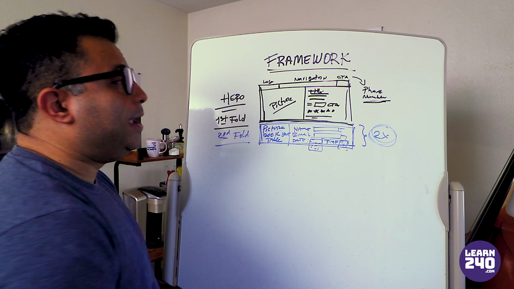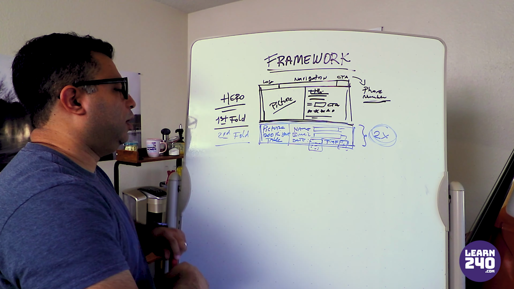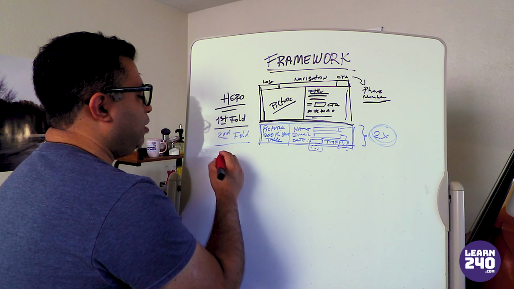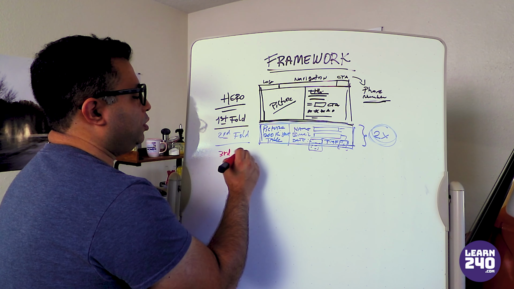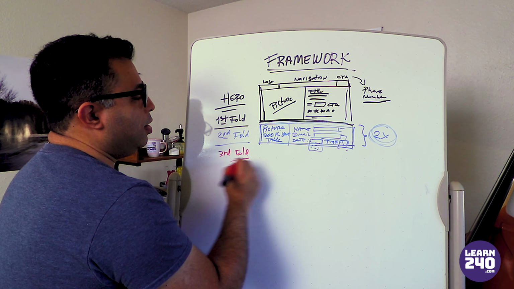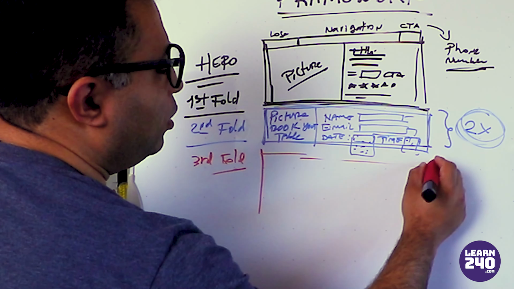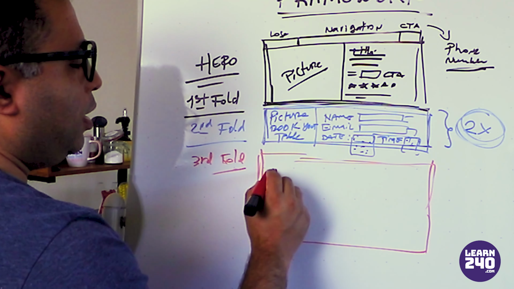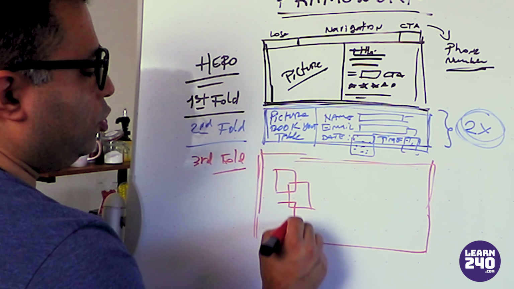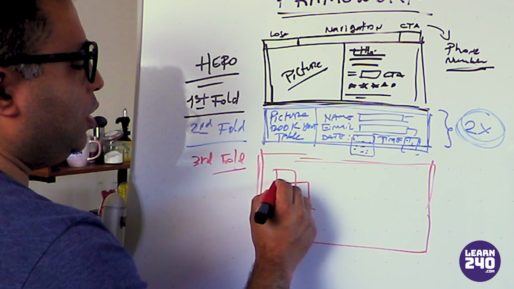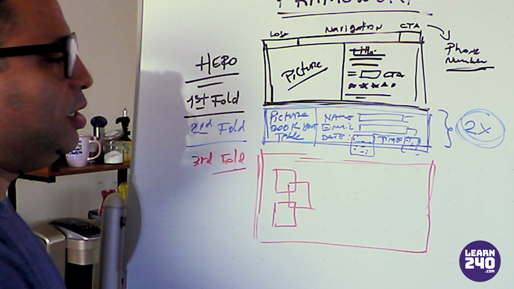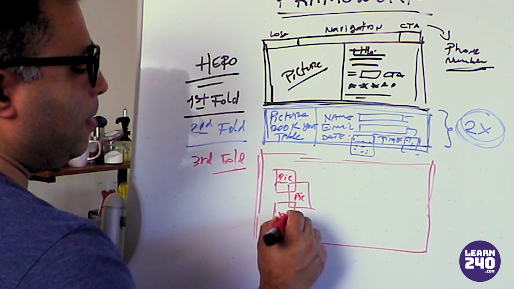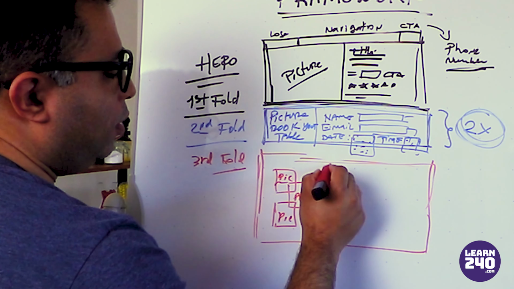The next part is our third fold, which is going to be talking about the restaurant. This is going to be a larger area. Then we maybe can have one, two, or three pictures of some kind of Italian dish. Then we have a division.